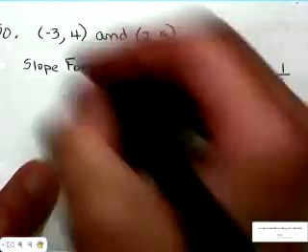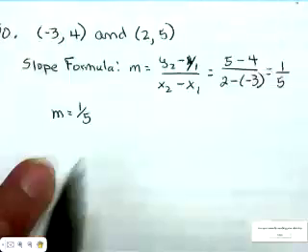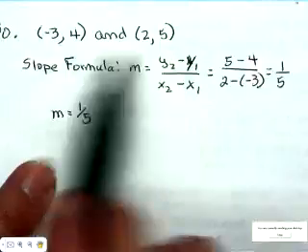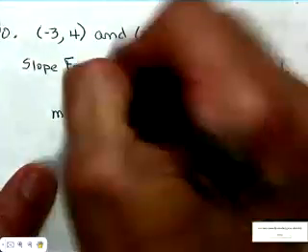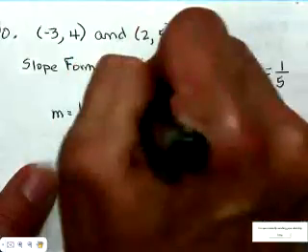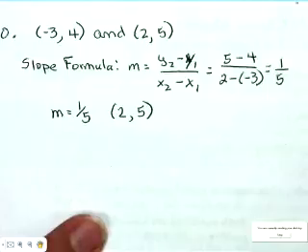And now that I have the slope, I can eeny, meeny, miny, mo, pick either point. Doesn't matter which one I use. I'll get the same equation of the line, because ultimately my line has to go through both of those points. That's why it doesn't matter which point you choose.